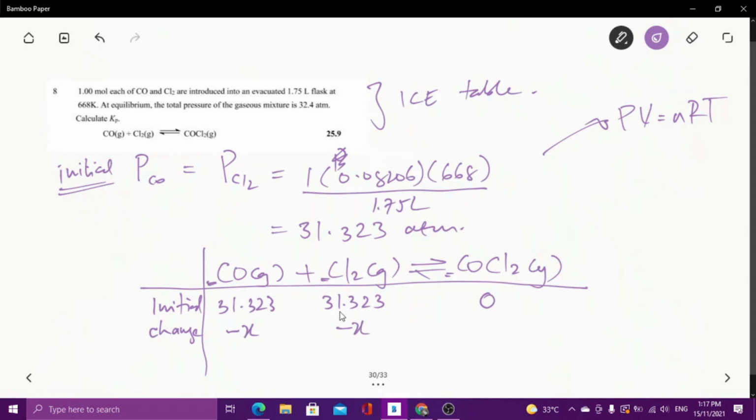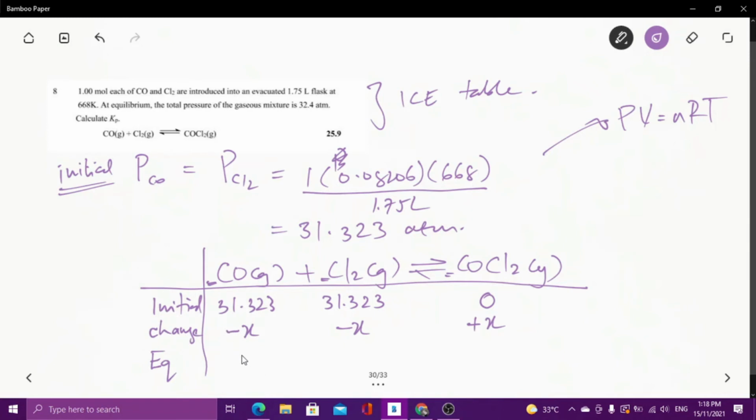So 31.323 ni dia akan berkurang sebanyak X value. Manakala untuk our product here, produk dia akan meningkat. So kita akan tambah dengan X. Nilai dia tu akan bertambah sebanyak positive X. So what we'll get is the partial pressure at equilibrium. So ICE, sebab tu dah jadi ICE table.